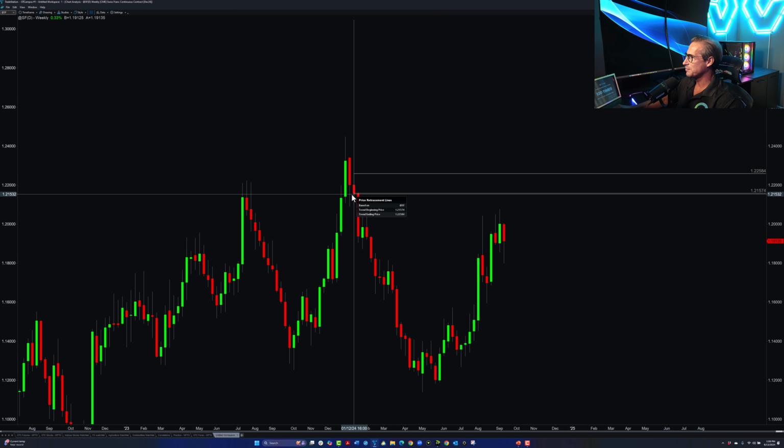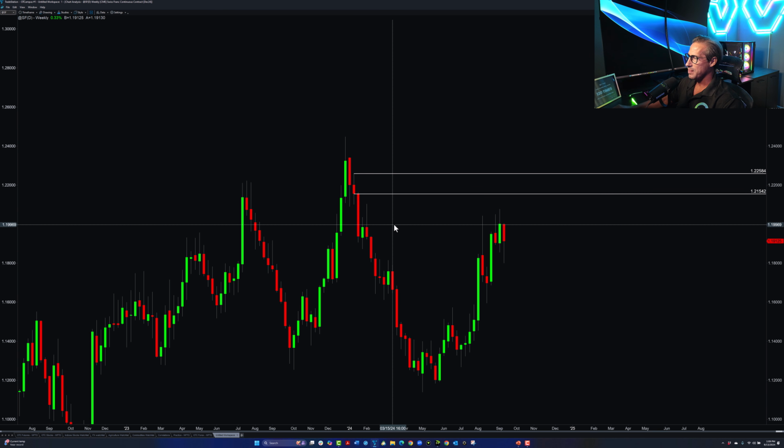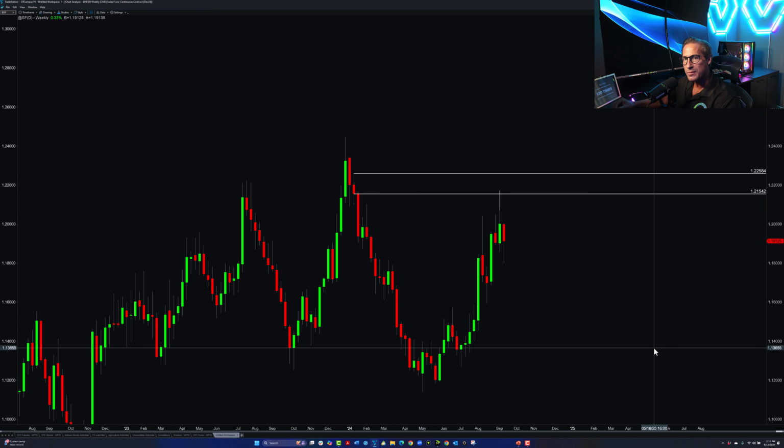But based on the preferred version, it's fresh. And you see now, I want to make this example. If price came already into that zone, just like that, we could still define it as fresh, because it wouldn't have violated the 25% violation rule. Because it's not been tested by 25% of the zone, maybe by 10%. Again, we eyeball that, all right?